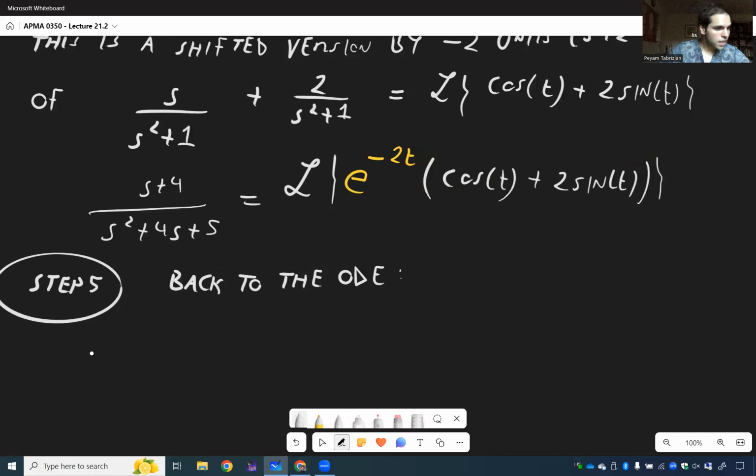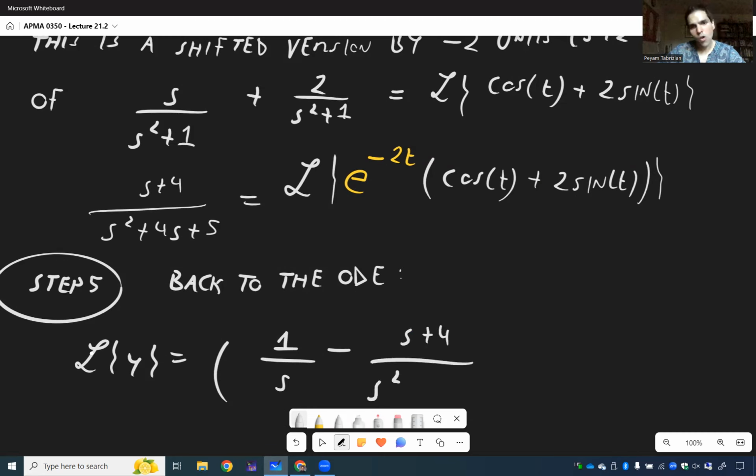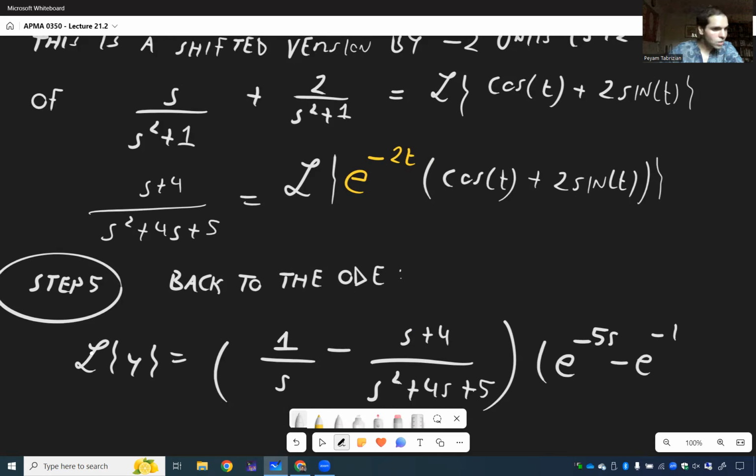So far, L of y was 1 over s minus s plus 4 over s squared plus 4s plus 5 times the exponential terms. So e to the minus 5s minus e to the minus 20s.